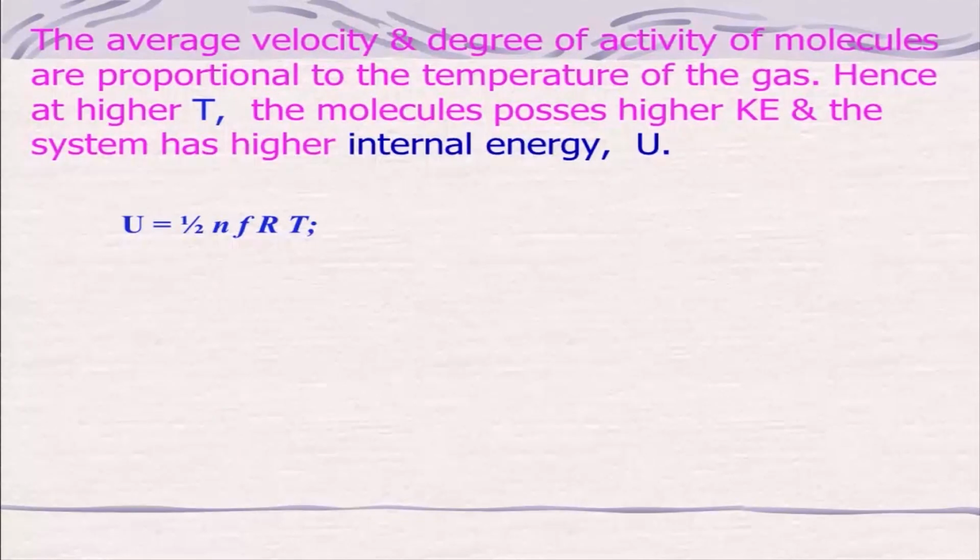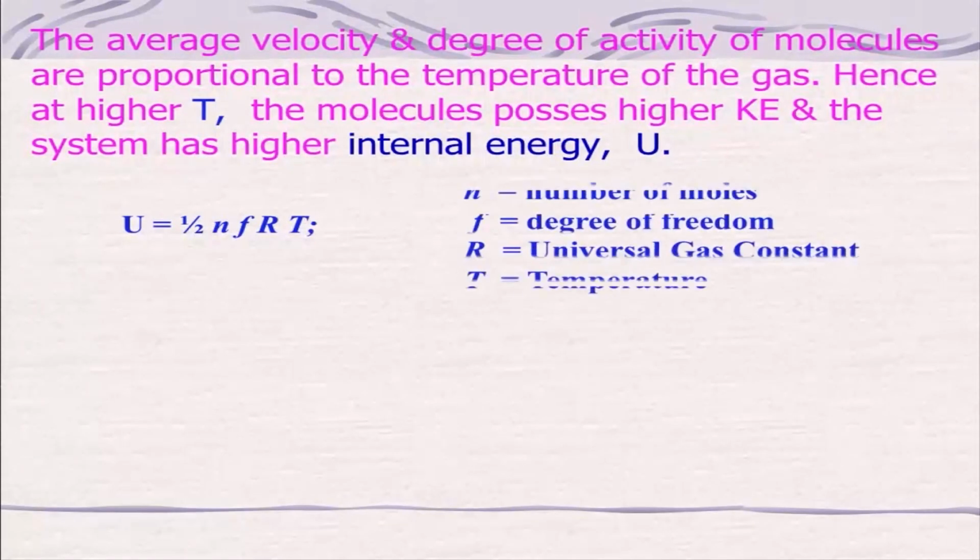We can sum it up like U is equal to half N F RT, where N is the number of moles and F is the degree of freedom, right? R is the universal gas constant and T is the temperature, and this one can be derived from the kinetic theory of gases, right? You must have been exposed to it in your plus 2 science.